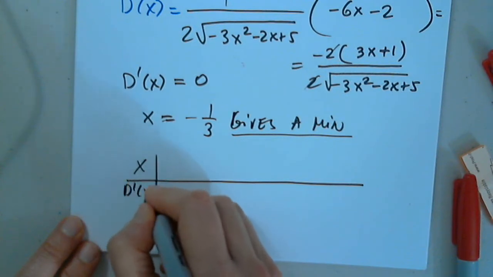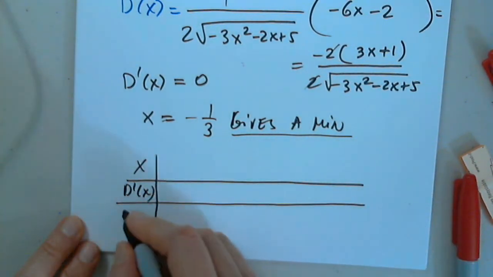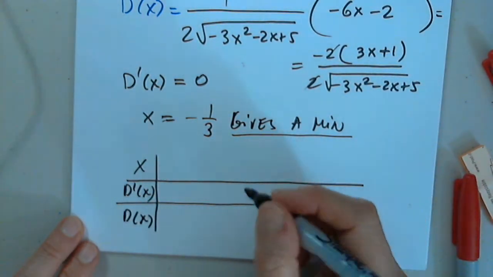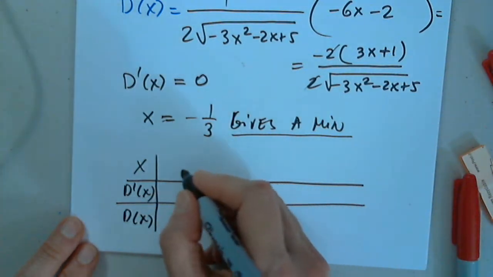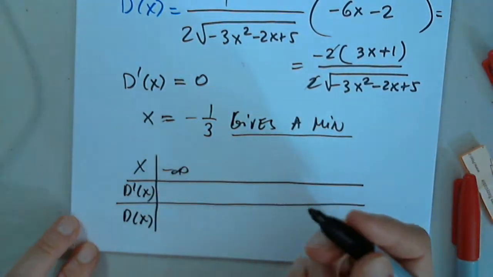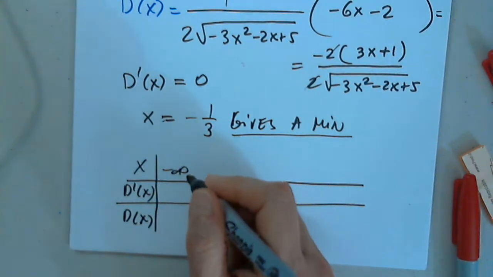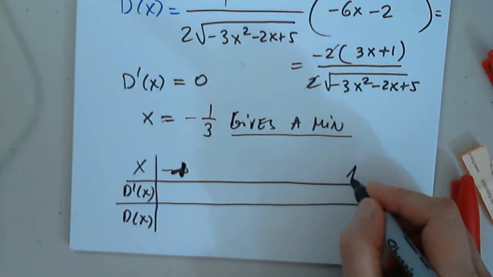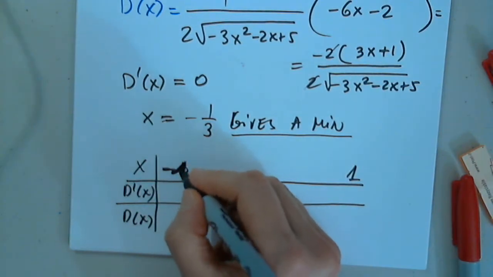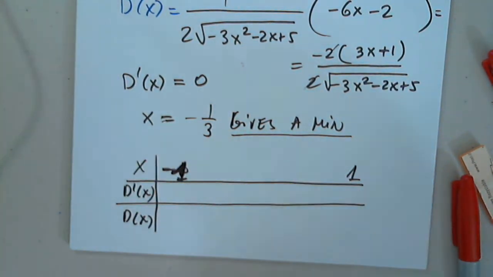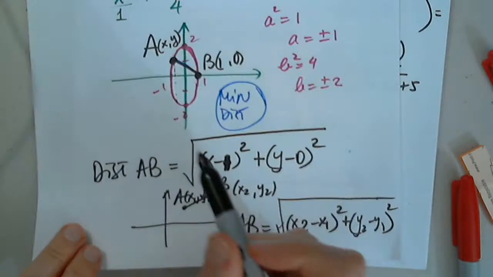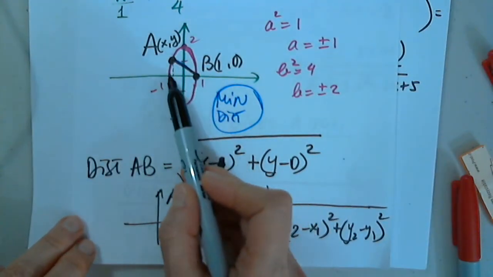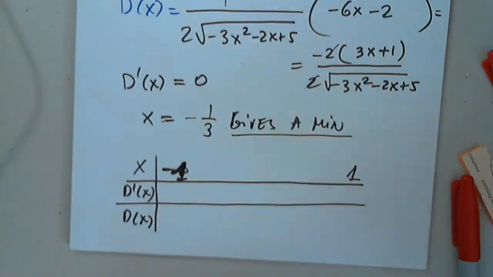So I have d prime of x and d of x. X cannot be lower than negative 1 or more than positive 1, because we're talking about points between negative 1 and 1. There is no way.